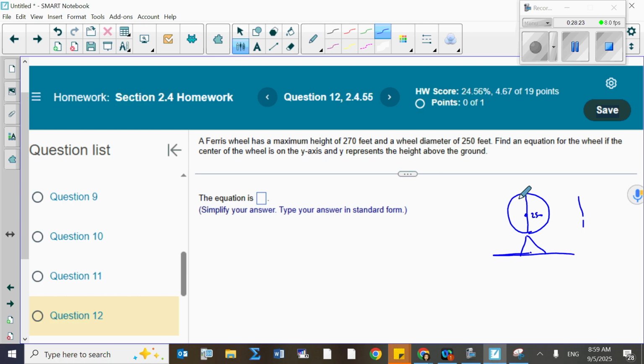Well, obviously, I know from the first point that R will be 250 divided by 2. So that's going to be 125. So for now, I know R is 125. What is the next thing that I need to know? I need to know the center. It says find an equation for the wheel if the center of the wheel is on the y-axis.